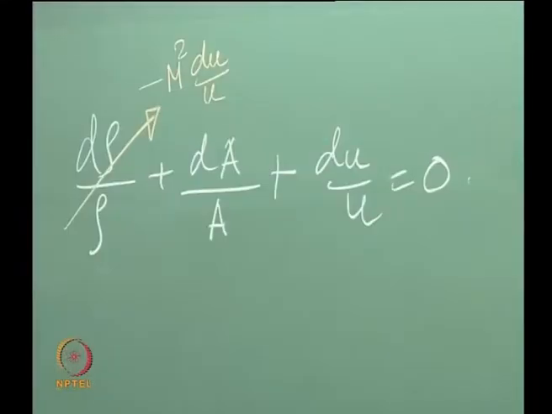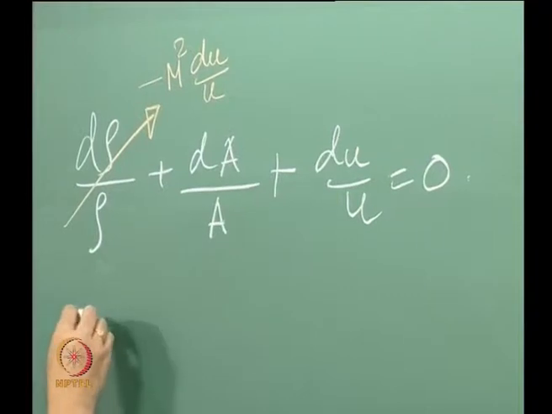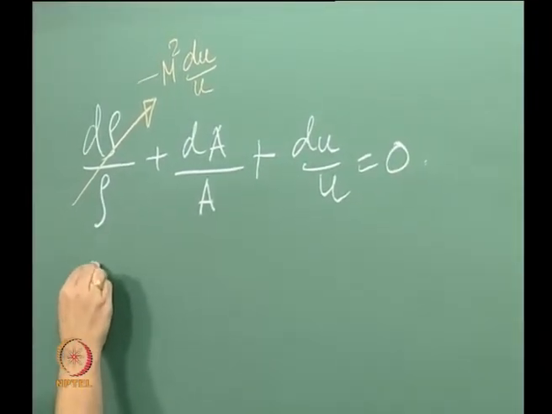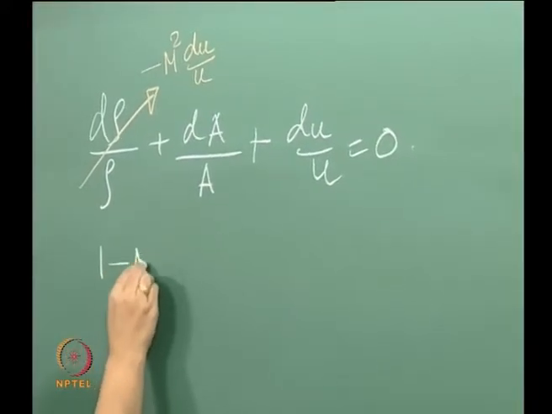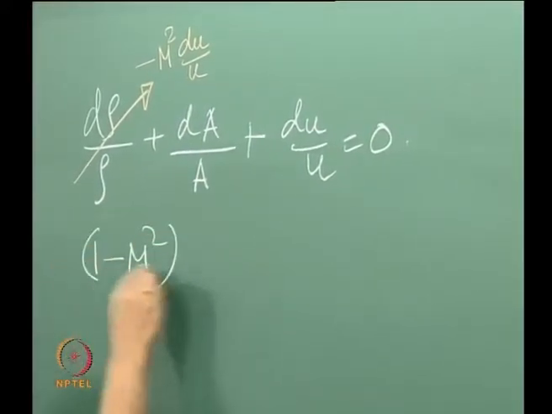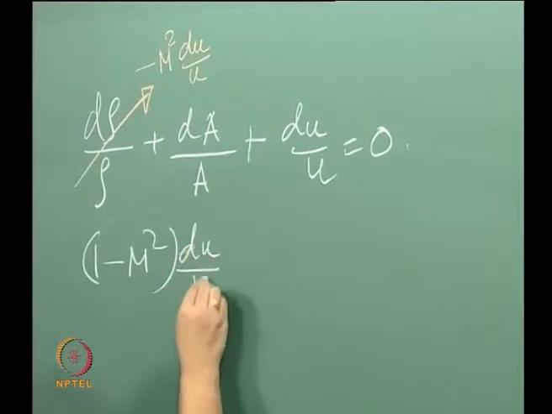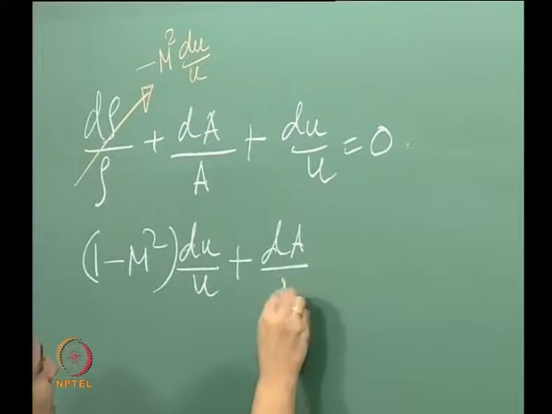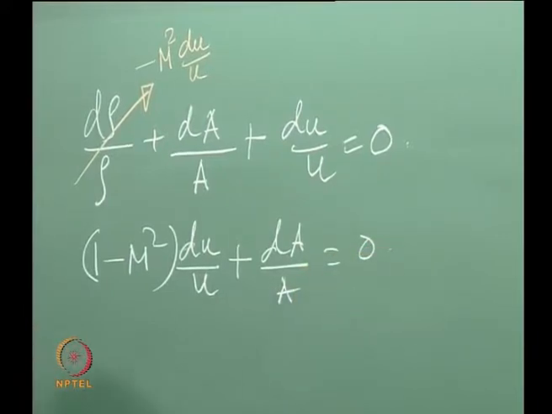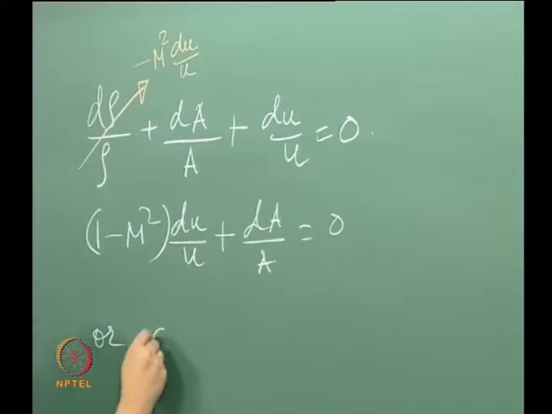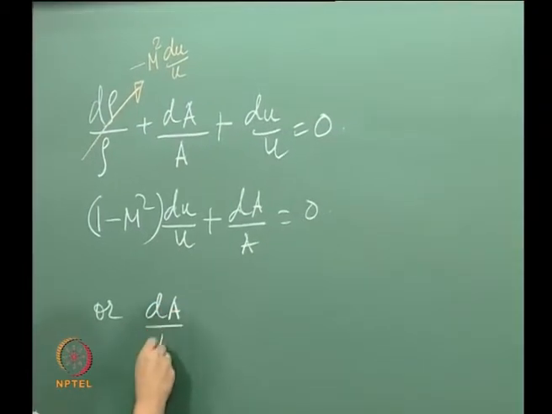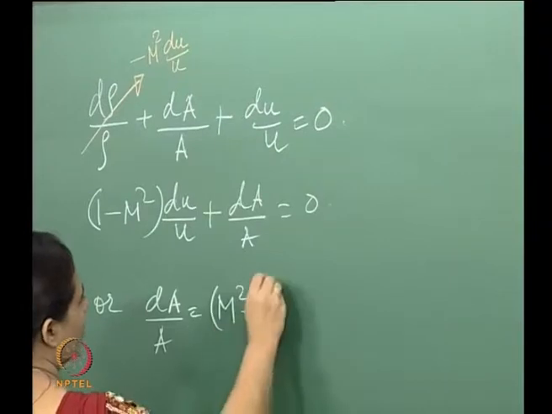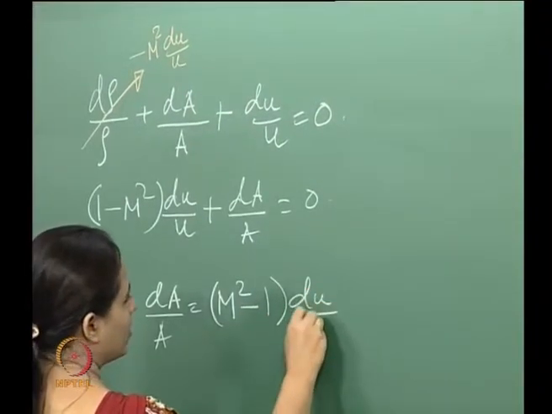If we write that, then what we get is 1 minus M square du by u plus dA by A is equal to 0, or we can write this as dA by A is equal to (M square minus 1) du by u.